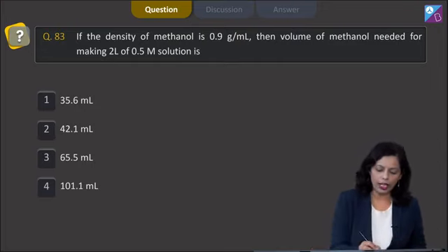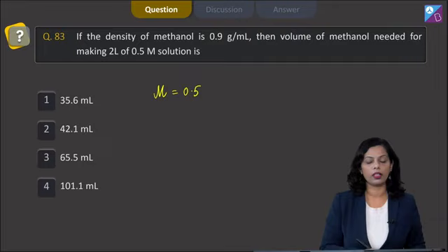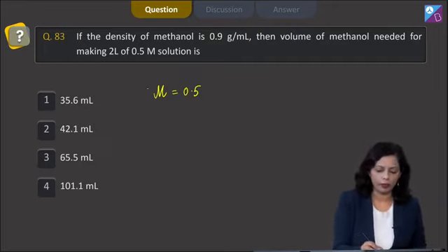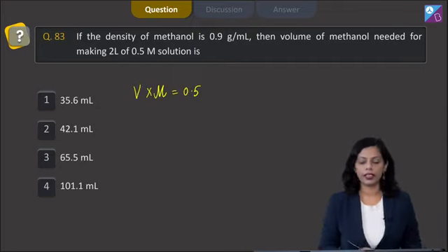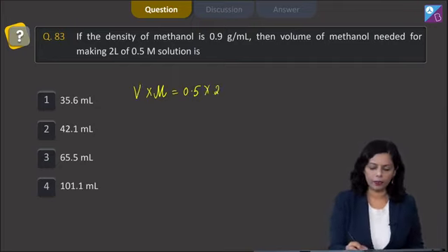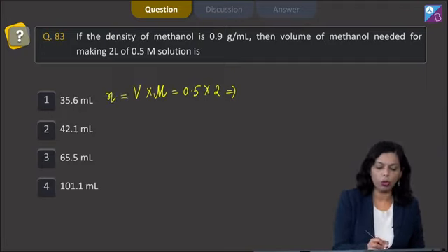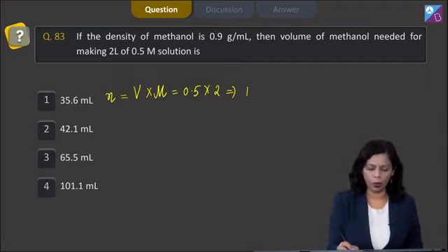Okay. So molarity you have, that is 0.5 molar, right? If I just multiply volume with this molarity, then I can get the number of moles, right? Moles I got. So moles is 1.